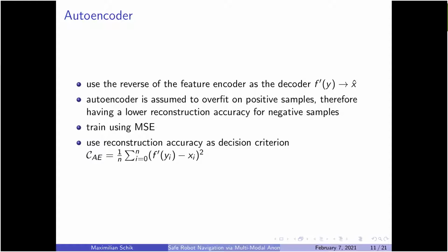The first method that was proposed is a traditional autoencoder. So we just built our autoencoder, and the assumption we make is that the autoencoder would overfit on the positive data, so it learns the distribution of the positive data.